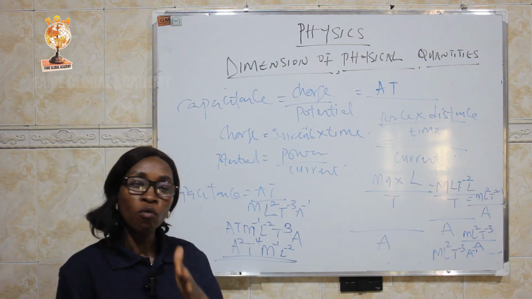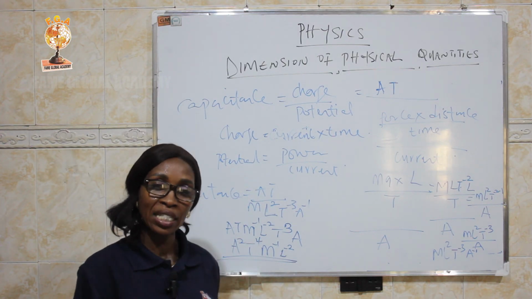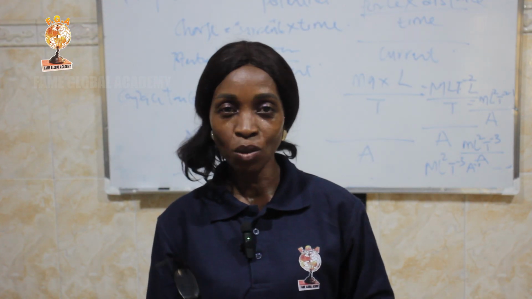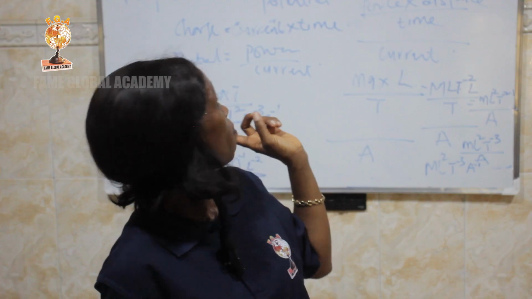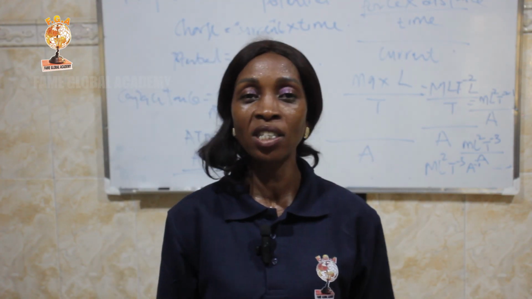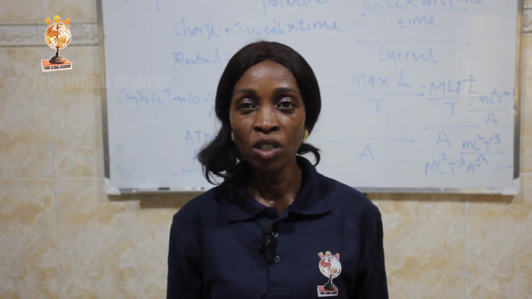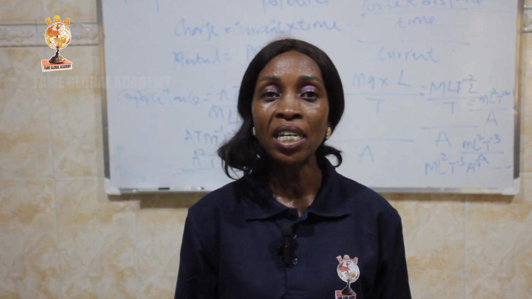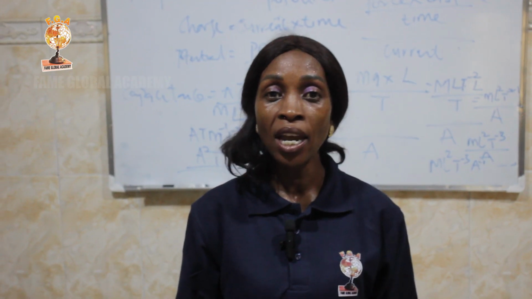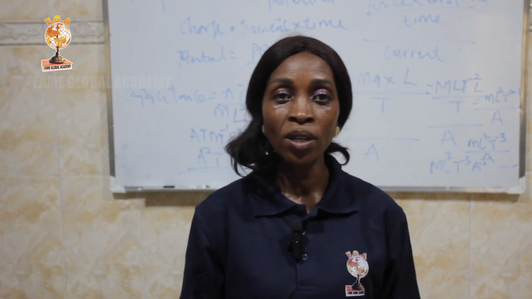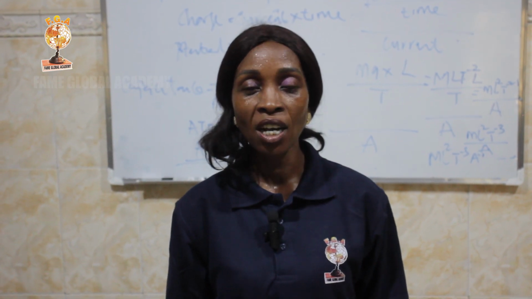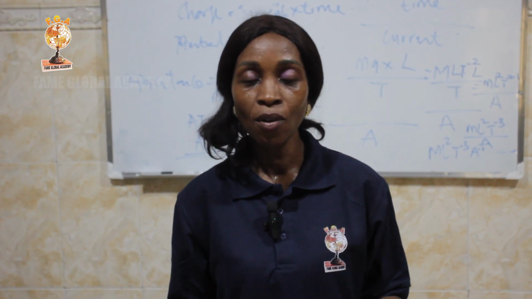I think we have gone through what dimension is. Let's go through what we just did today. We talked about the dimension of physical quantities. When we talk about what dimension is, we say it simply means the way we can relate and connect physical quantities to fundamental quantities.